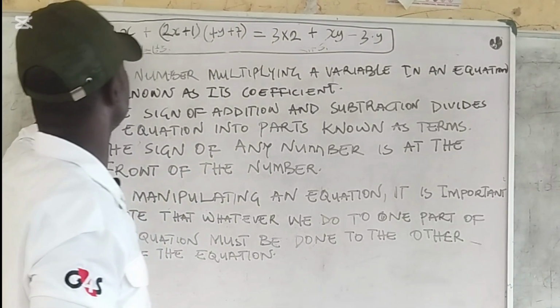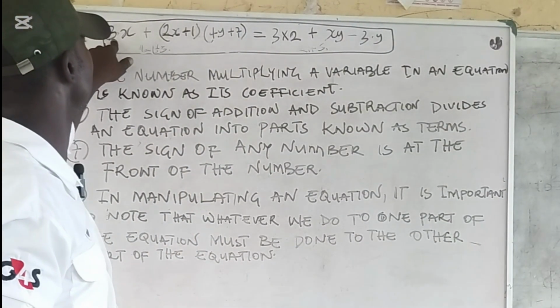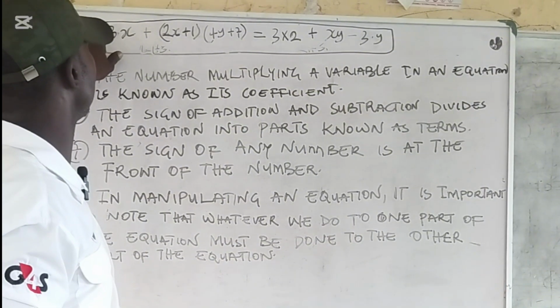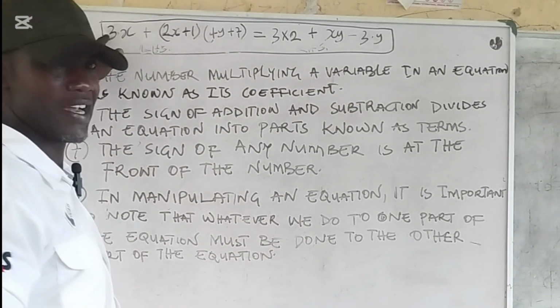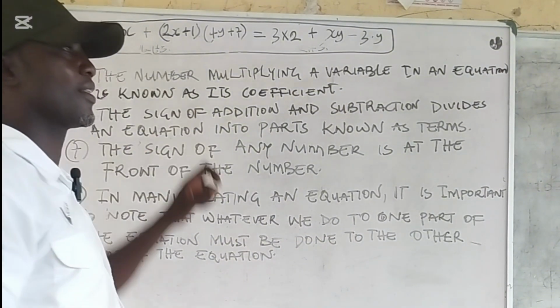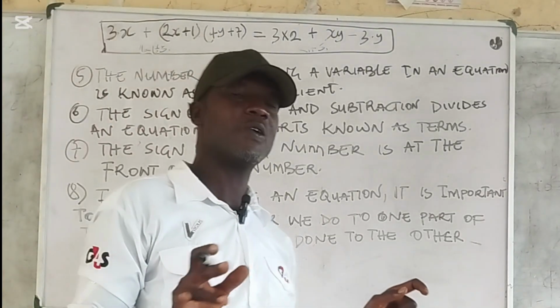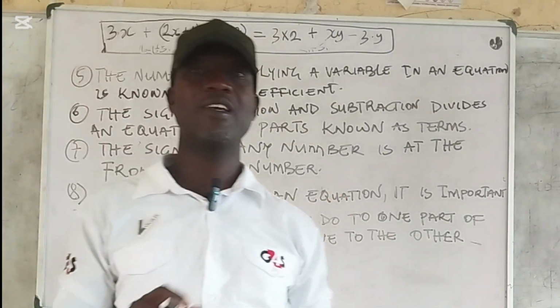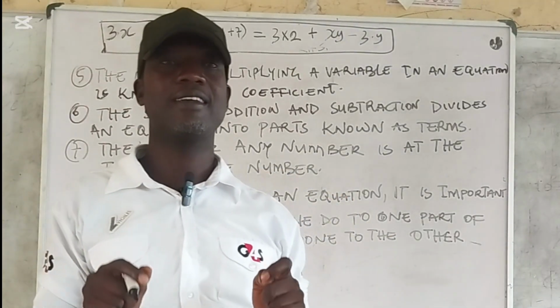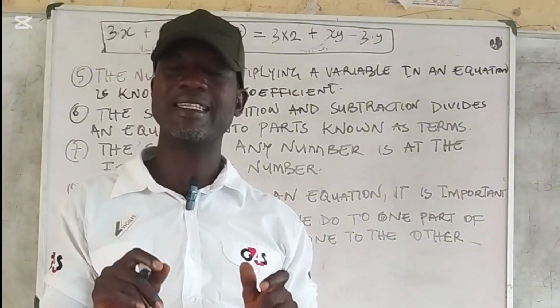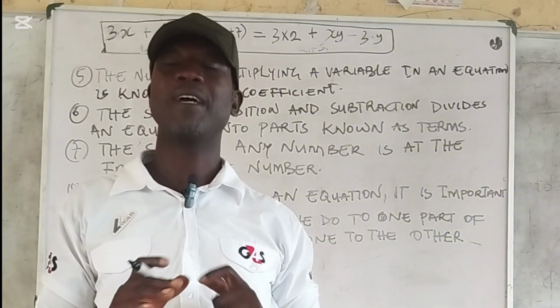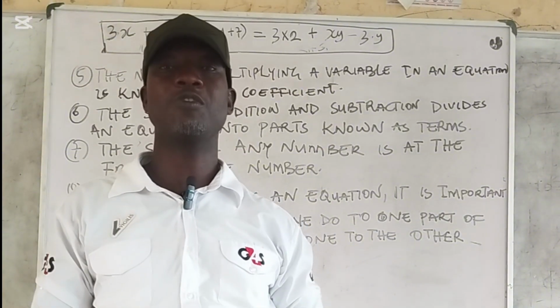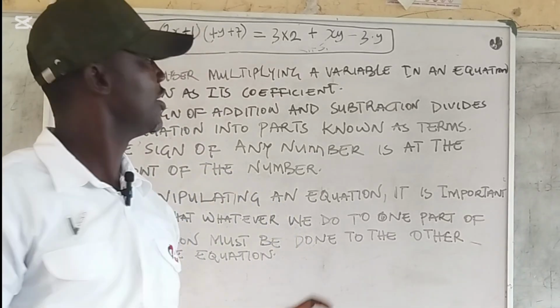You might ask me, what about this number here? There is neither plus nor minus at its front. By convention, when a number is written without indicating any sign or assigning any sign to it, we take that number to be a positive number.